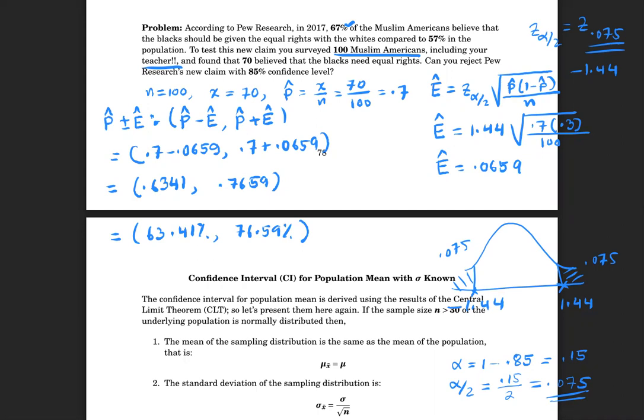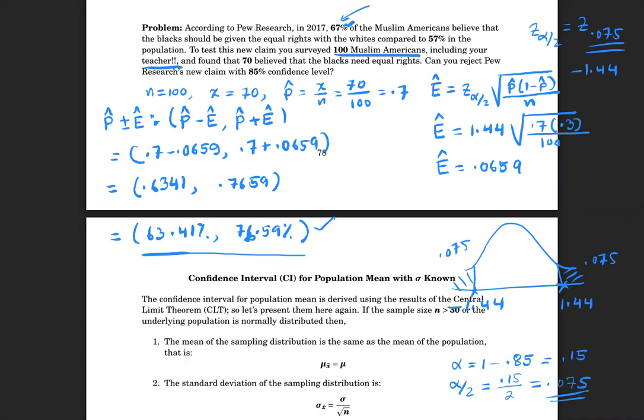Now, based on your survey, based on your data collection and analysis, you find that for your city, the confidence interval is between 63.41% and 76.59%. Now, does this interval include the national proportion, which is 67%?